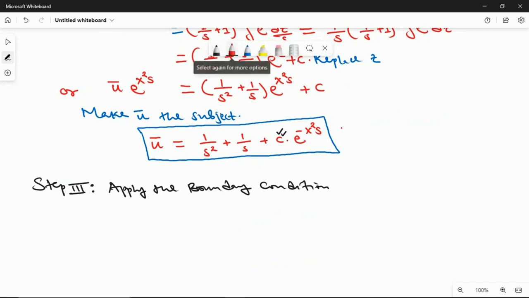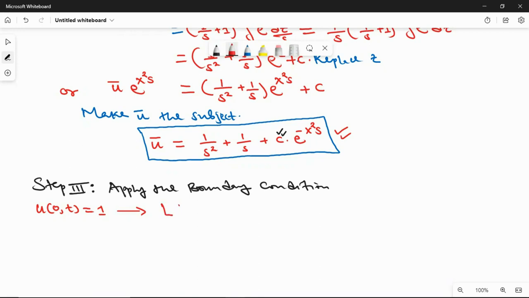Look at our boundary condition at x equals 0. u of 0, t was equal to 1. So it is here that you need to get the Laplace transform on both sides, because our equation is in terms of the Laplace transform. So don't forget, when applying the boundary condition, you have to know the Laplace transform of that boundary condition. For the initial condition, it will be easy to apply like you saw up there.